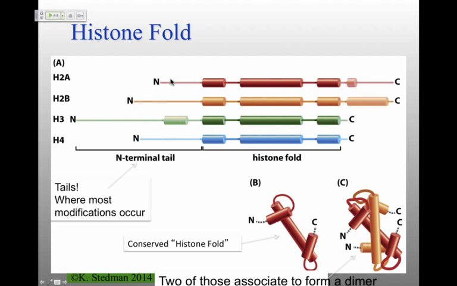The tails are really where the action is, certainly in terms of histone modifications. Almost all of them are happening here in these tail structures and not as much in this histone fold. And it's not surprising, because the histone folds all have to interact with the other histones. It's these tails which are going to be interacting with the DNA and then other proteins which are present there.